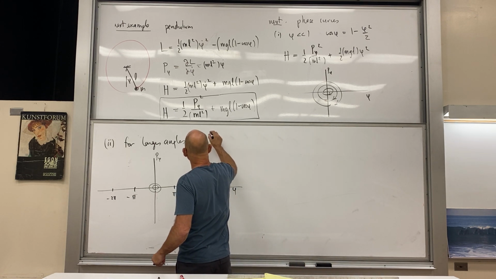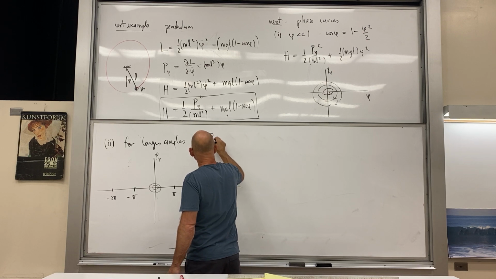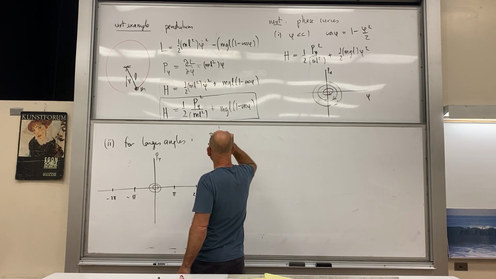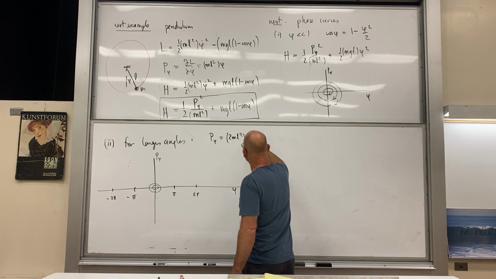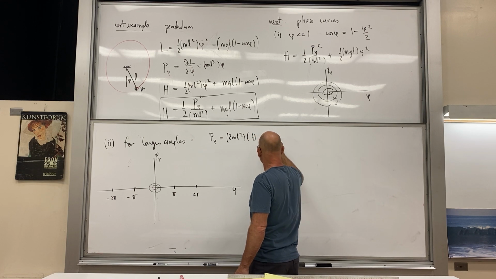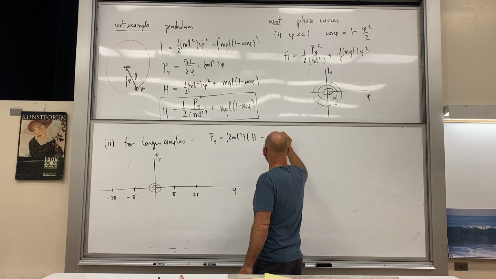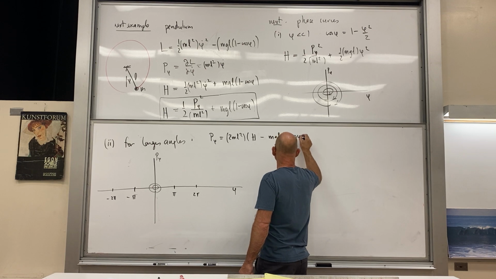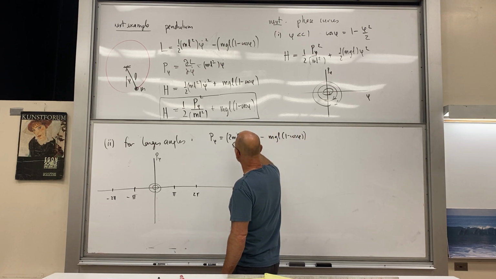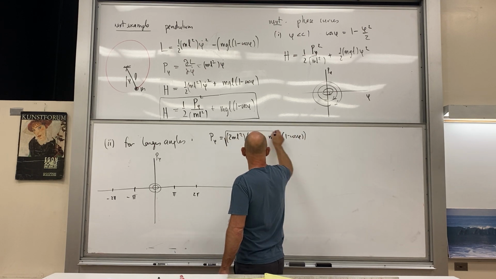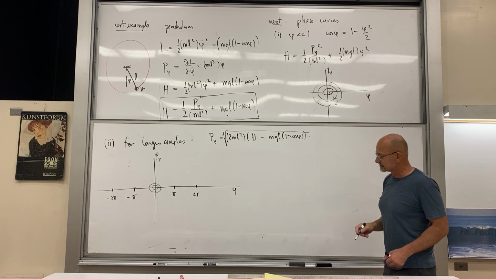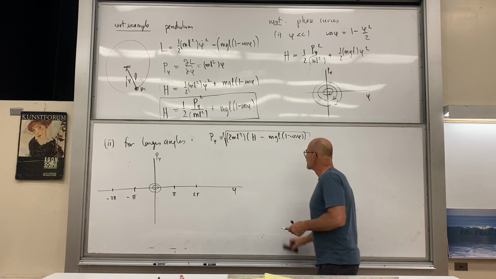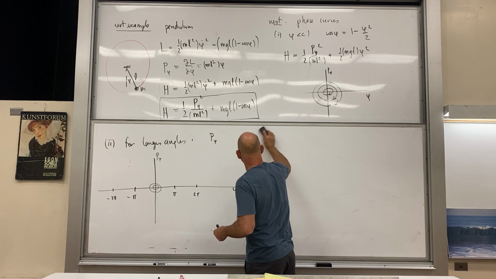So for larger angles, p sub phi is equal to plus or minus the square root of 2ml squared times h minus mgl(1 minus cosine of phi). Let's make that cleaner, but otherwise it's true.